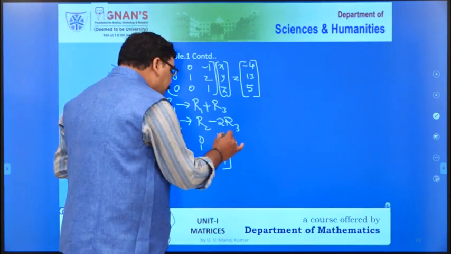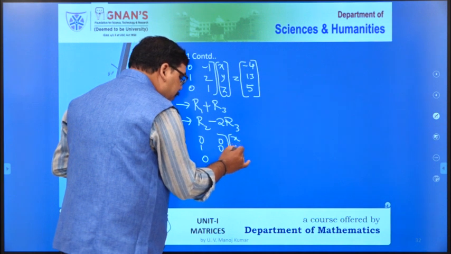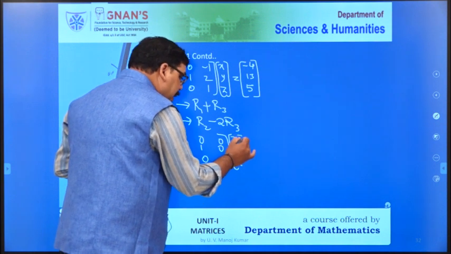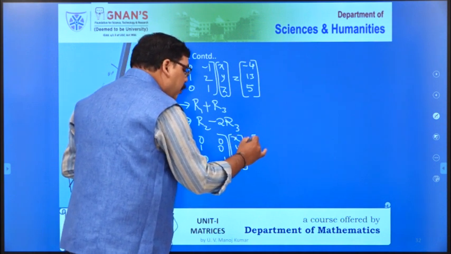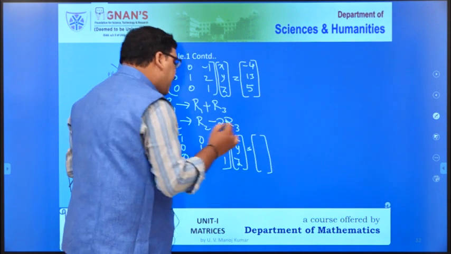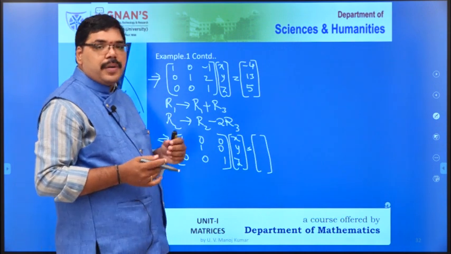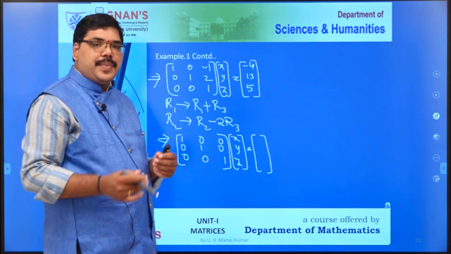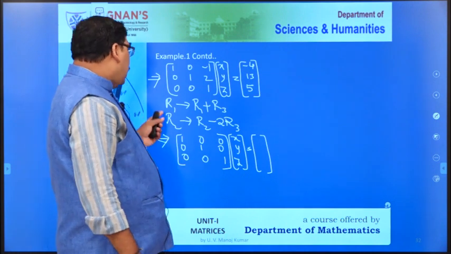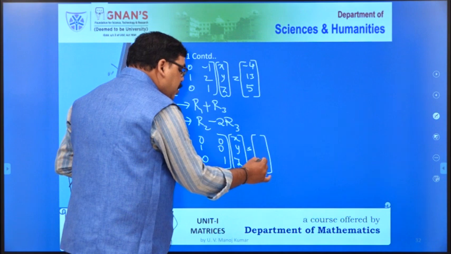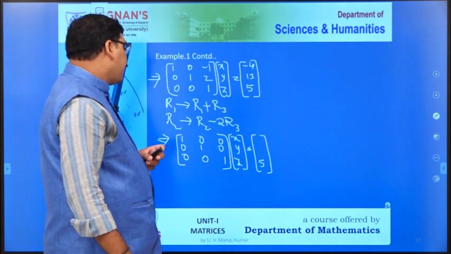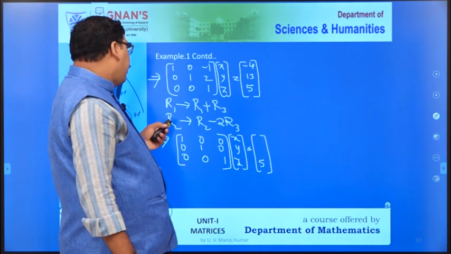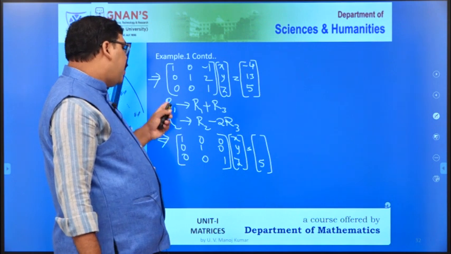So A is reduced into normal form, but our task will complete only when we apply the same row operations on B also. So R3 is not changing, so this is 5. And coming to R1 and R2, what are we doing?